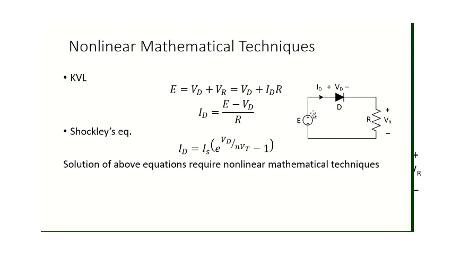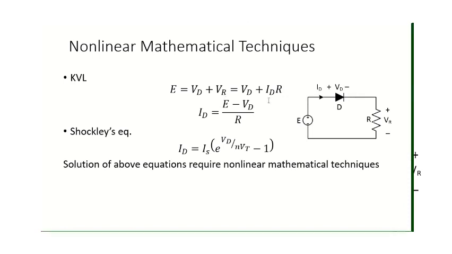So E is the rise in potential, and VD and VR are the drop in potential. So E is equal to VD plus VR. Or the law is also stated like rise in potential plus drop in potential must be equal to 0, or summation of all the voltages must be equal to 0.